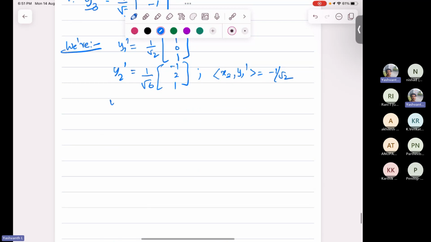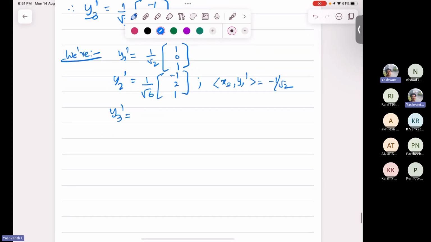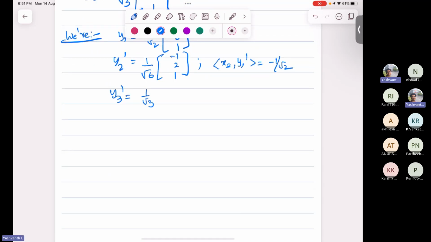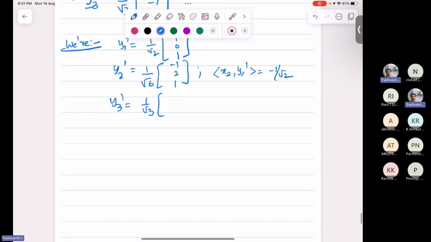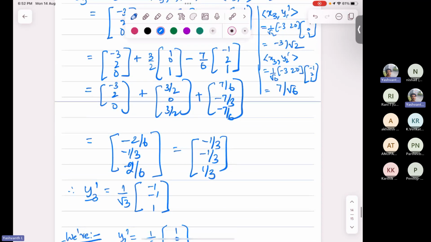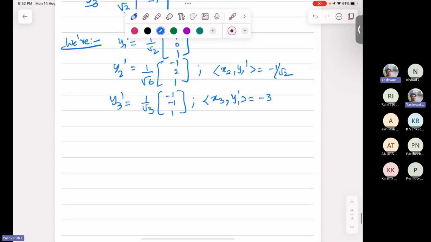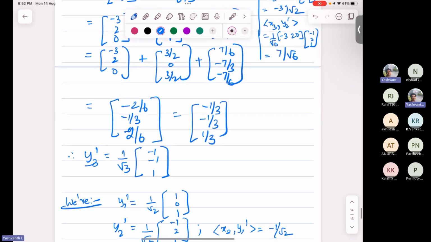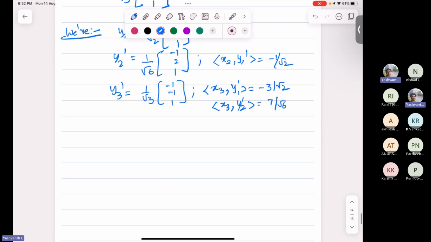Then the third vector y3 dash equals 1 by root 3 times (-1, -1, 1), with the inner product of x3 and y1 dash equal to minus 3 by root 2, and x3 and y2 dash equal to 7 by root 6. Okay, so this is what we have.